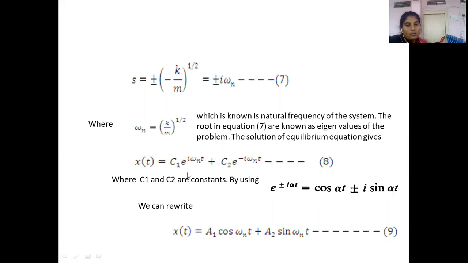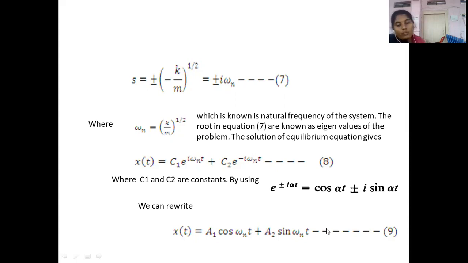So C1 plus C2 and I times (C1 minus C2) are called A1 and A2, giving A1 into cos omega n t plus A2 into sin omega n t. That will be the equation number 9, which is produced by putting the values of e raised to plus or minus I alpha t in the equation number 8.